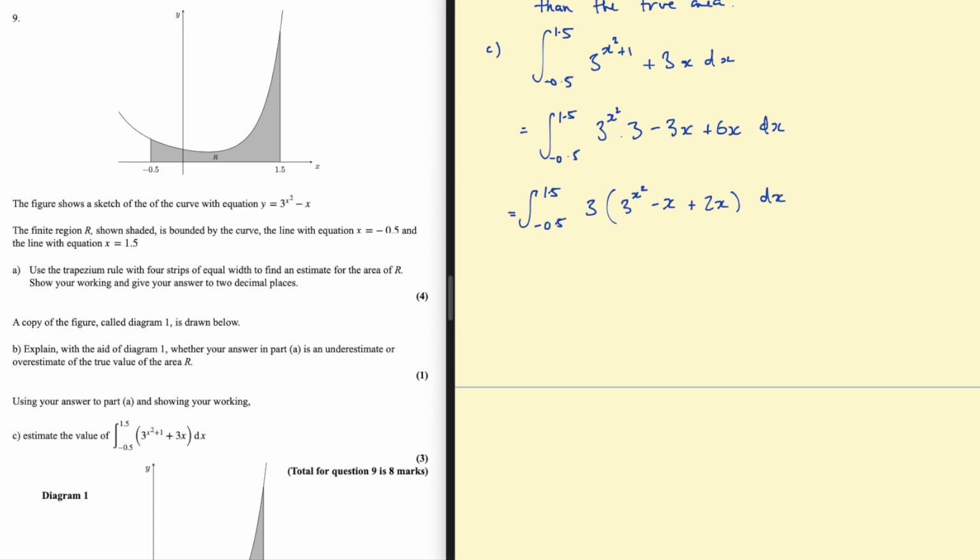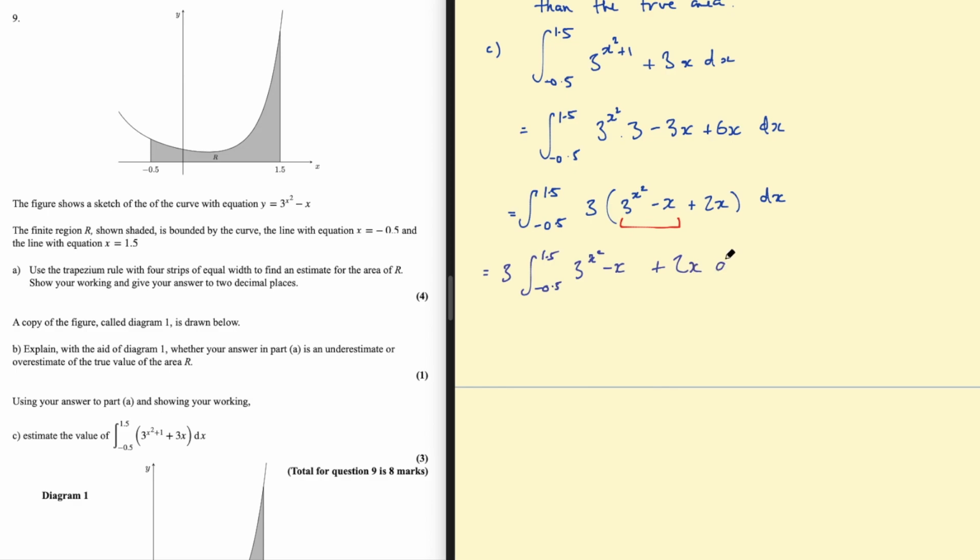And here we have our original graph, 3 to the power of x squared, and we just have that plus 2x on the end. We can bring that constant out the front of the integral. So it's 3 times this integral. And we have an approximation for this part already, 3 to the power of x squared dx.